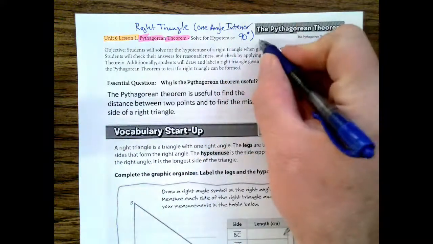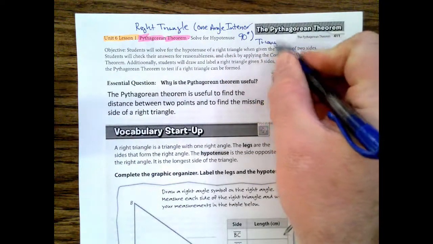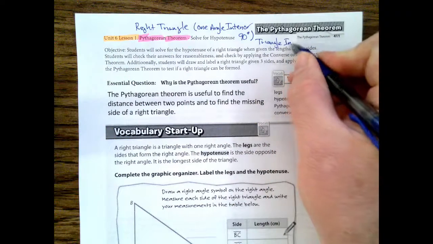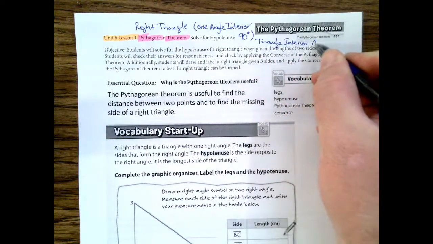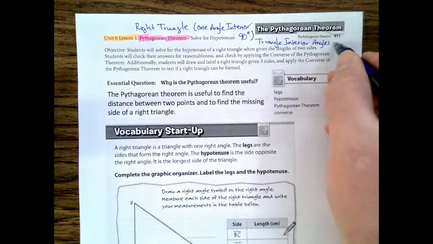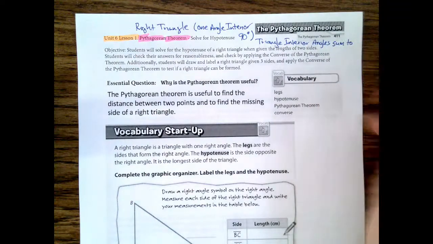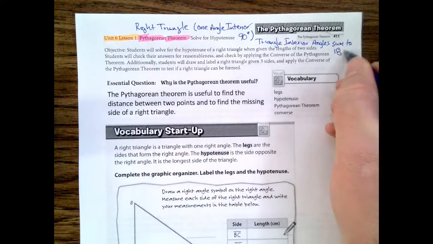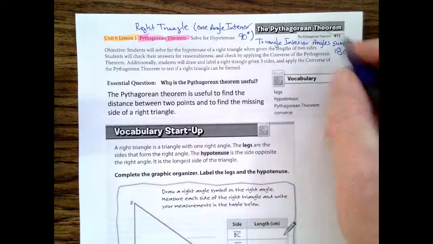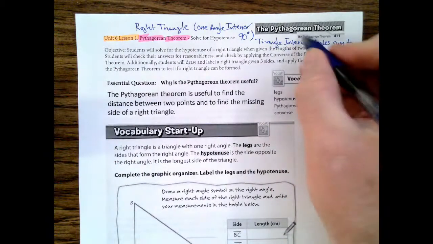A triangle's interior angles always sum to 180 degrees, and there's 3 of them.